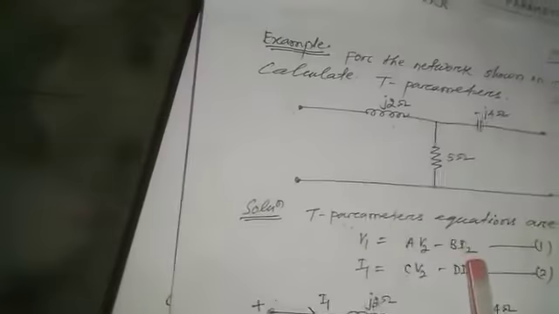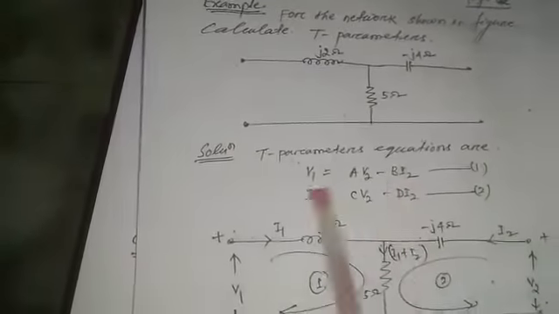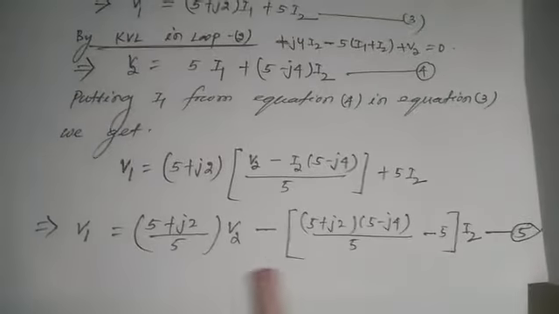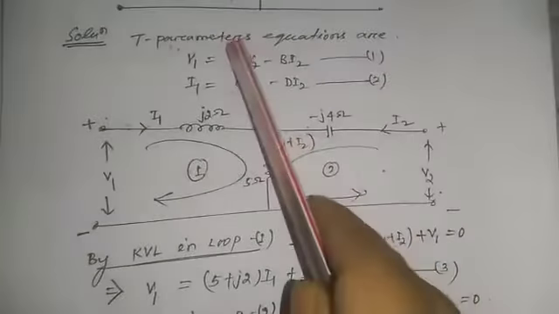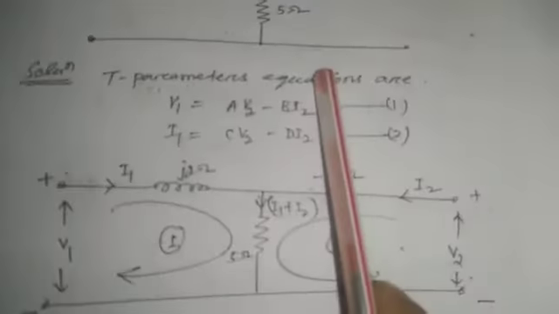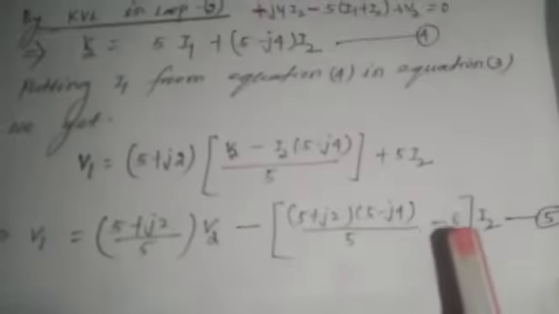You see here the equation 1, V1 is equal to A V2 minus B I2, and your equation 5, V1 is equal to this into V2 minus something into I2. If you compare, the value of A you can get is (5 plus j2) by 5. What is the value of B, you can get this one.